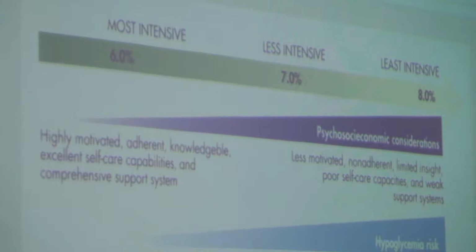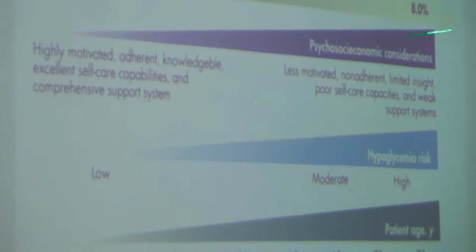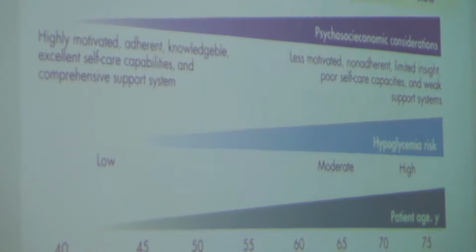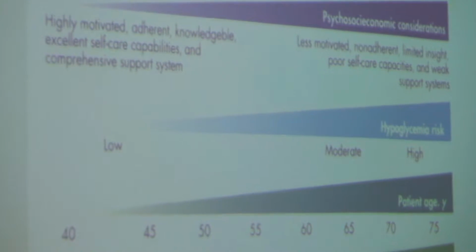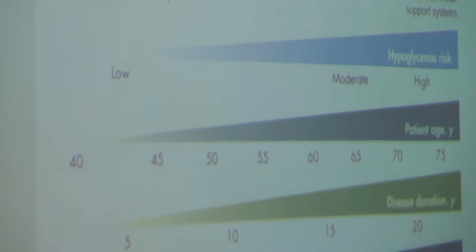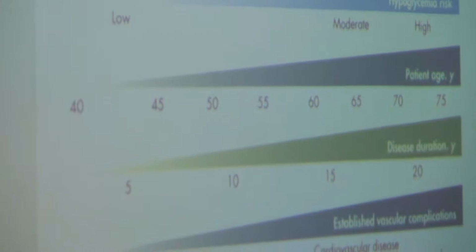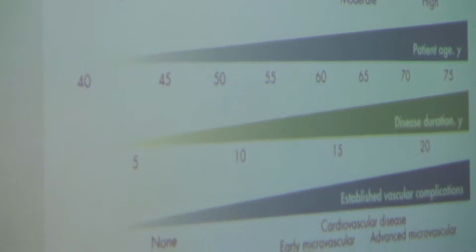So all of these factors allow us to individualize treatment, and for some elderly people who have cardiovascular disease and renal insufficiency, their optimal A1C may be 8%. And for a 20-some-year-old individual who is healthy and physically fit, it may be 6%.